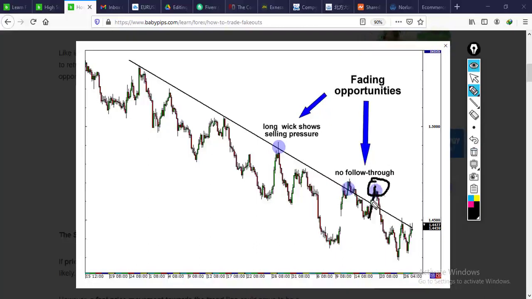And once they have created it and they have seen that many people have entered the trades here, what happens? A huge wick occurs.